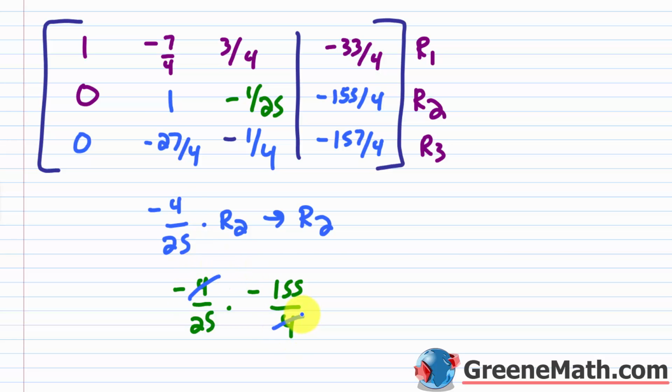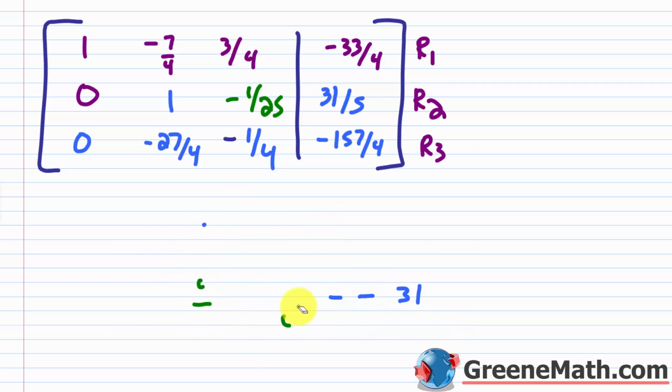So this is going to cancel. And you'd basically have this negative times negative, which would give you a positive. Between 155 and 25, you have a common factor of 5. So this would be 5 here, and this would be 31 here. Okay, so this right here is going to be 31/5. So let's erase this. So now we're done with that.